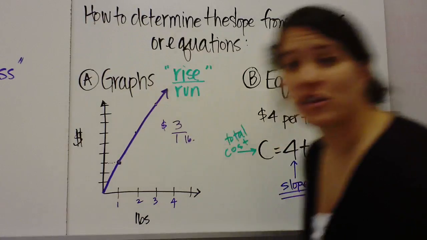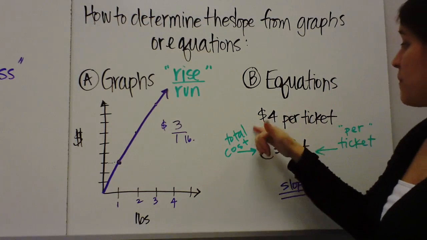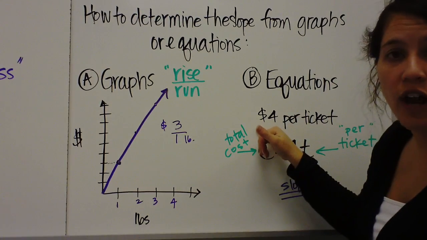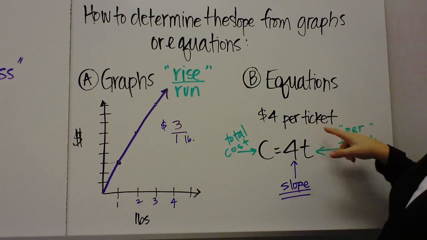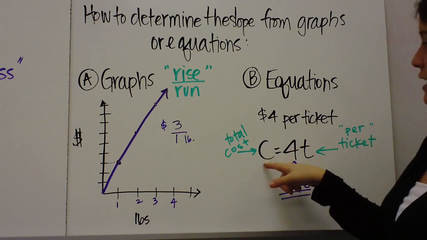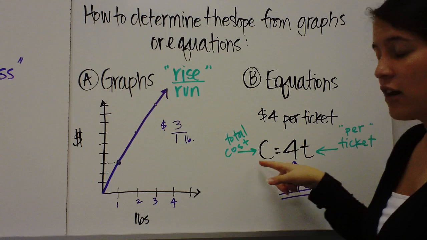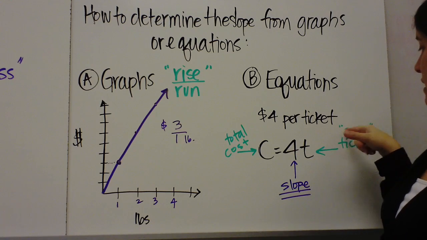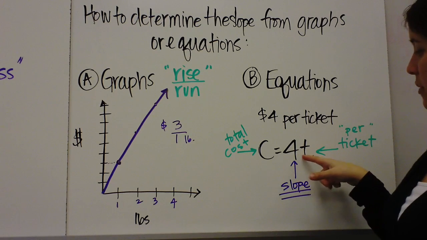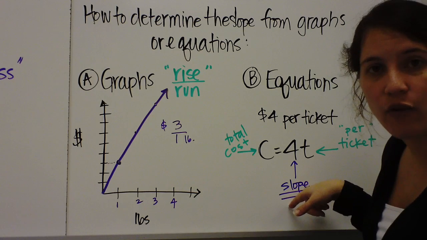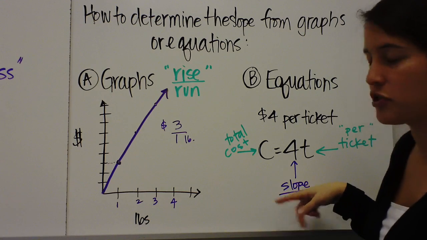If you have an equation, let's say you go somewhere and it's $4 per ticket. The equation would be C equals 4T. C is the total cost, 4 is the cost per ticket, and T is tickets. The slope is this number right here, which we looked at before as the unit rate or the constant of proportionality.